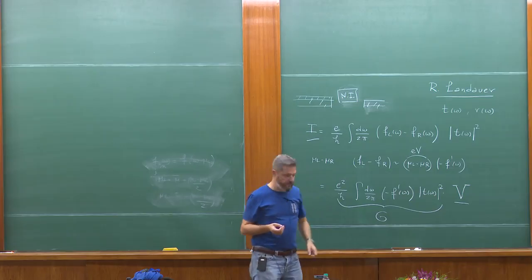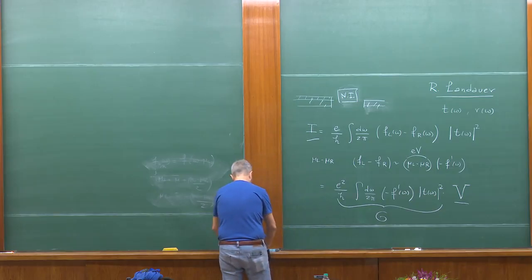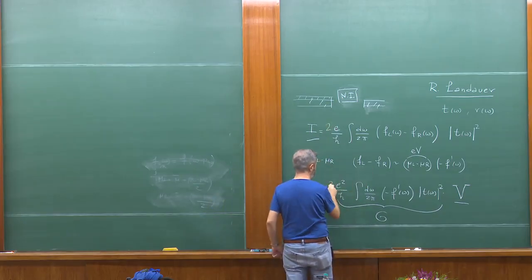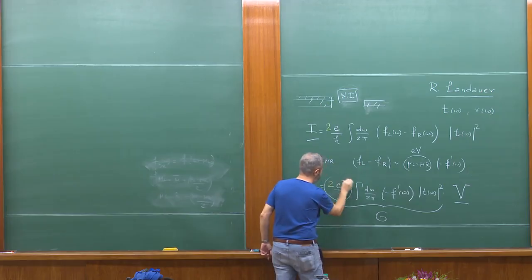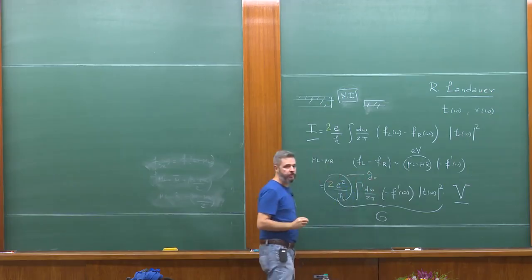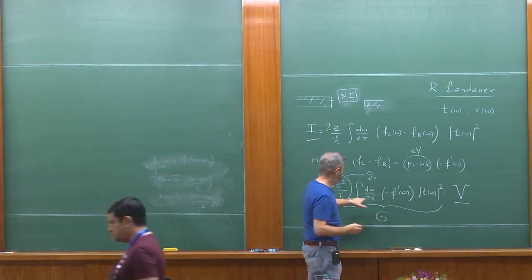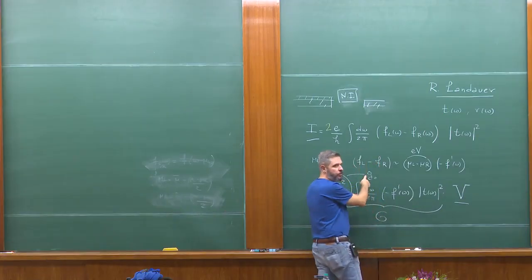If I want to put spin, then I put a factor of 2 in front of everything, for spinful electrons. Now this object here is called G naught, the conductance quantum.